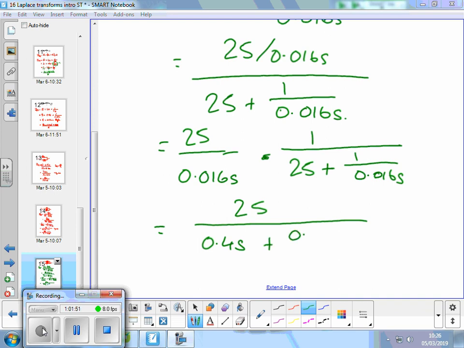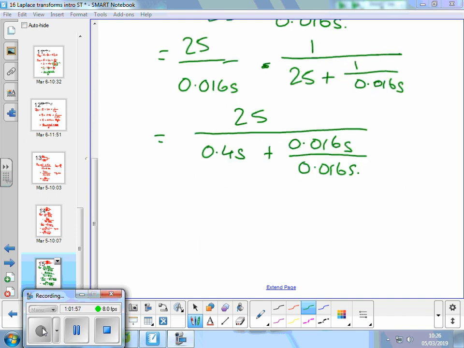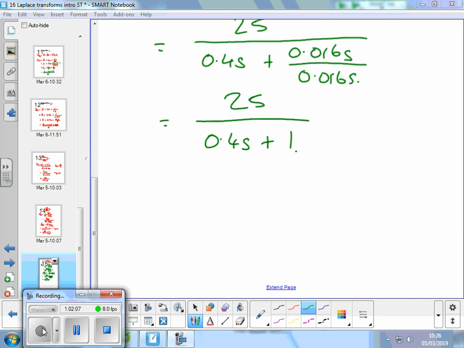25 of a 0.4s plus 1, and then you divide by 0.4.